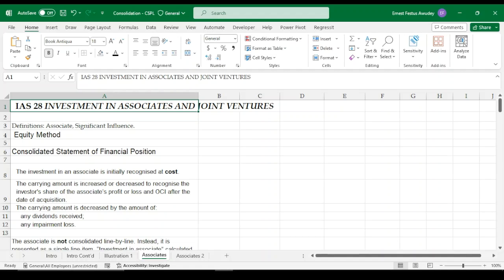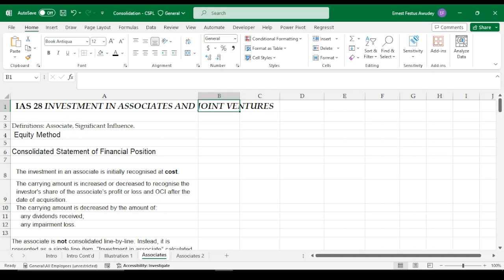So we are going to cover joint ventures when we want to consider joint arrangements. Joint arrangements can come in two forms: we have joint operations and then joint ventures. So we are not going to deal with the joint venture portion of this standard. We are going to concentrate on investment in associates. All right, so let's see what we've got here today.